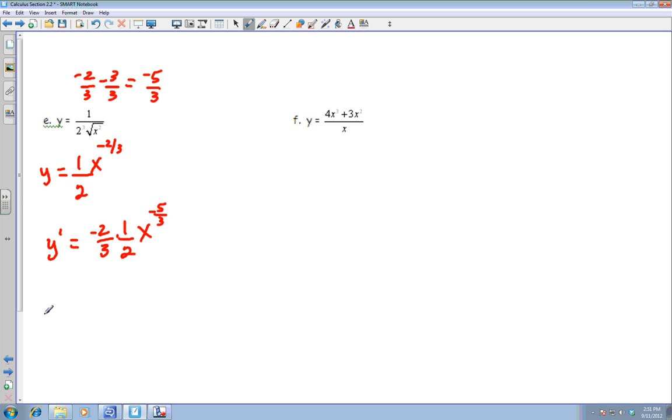So I'm going to simplify. Y prime equals. When I multiply fractions, I can multiply straight across or I can cross cancel. This is negative 2/6 or negative 1/3. This has a negative exponent, so it can't stay. I have to move it. So I'm going to move it on bottom, and when I move it on bottom, it's now positive.